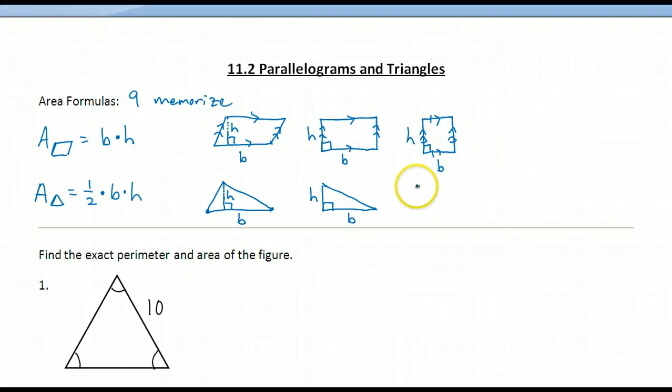And if I have an obtuse triangle, this bottom side will be my base, and the height is actually outside the triangle. If you remember, I can have an altitude outside of my triangle if my triangle is an obtuse triangle. So memorize these 2 formulas.